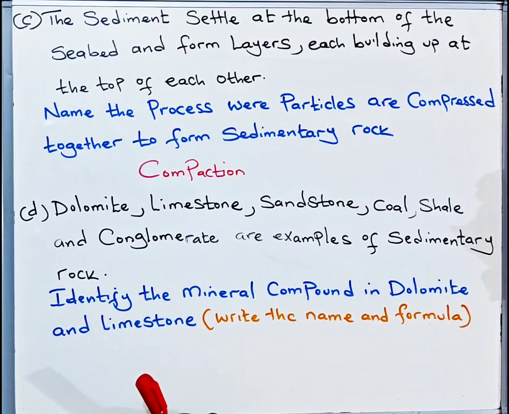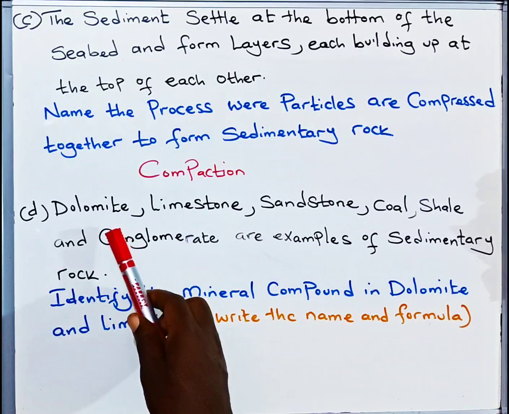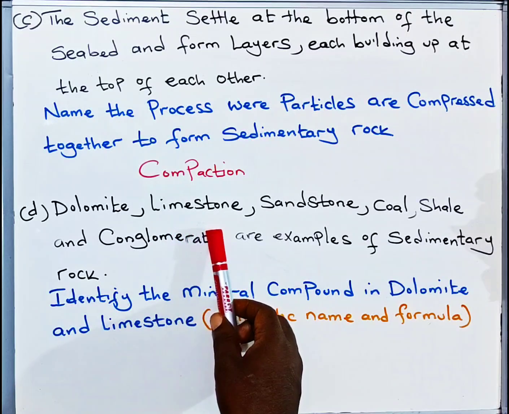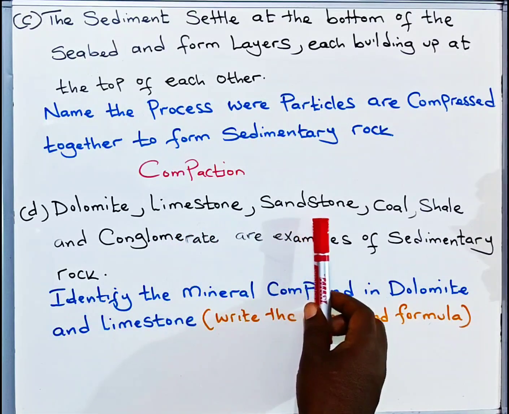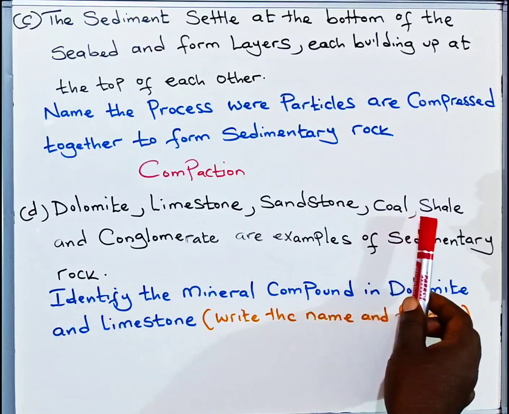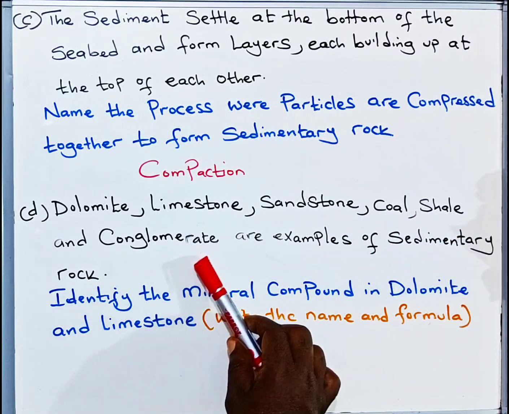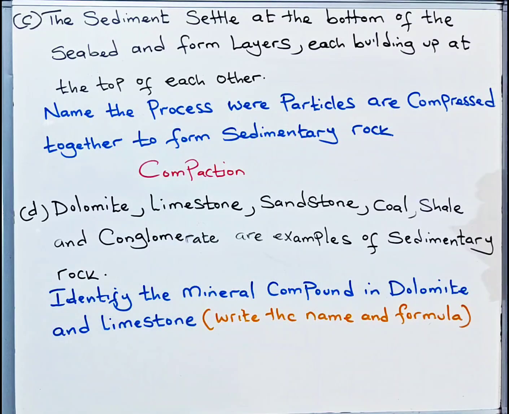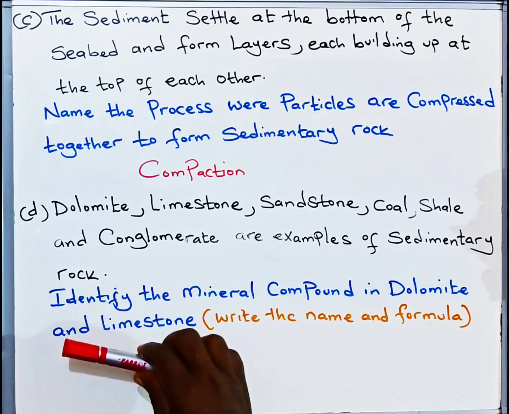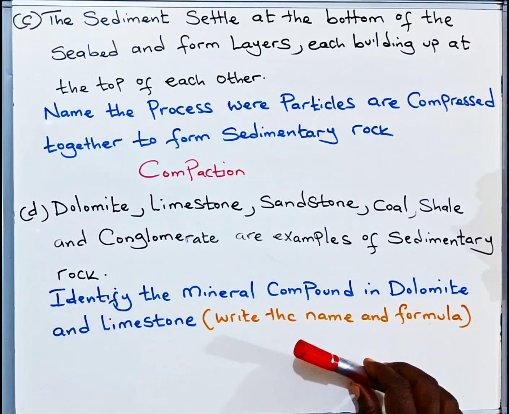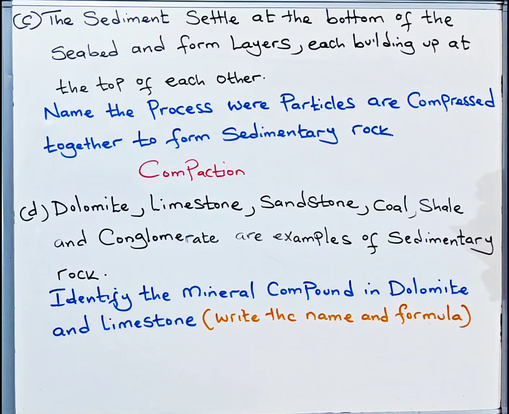Then we come to this question. It says that dolomite, limestone, sandstone, coal, shale, and conglomerate are examples of sedimentary rocks. And then the question says, identify the mineral compound in dolomite and limestone.